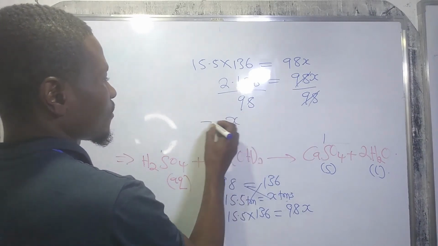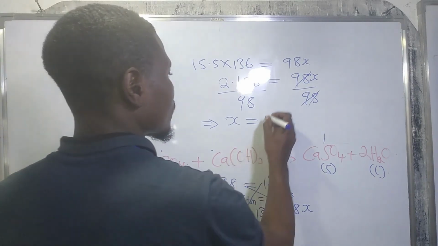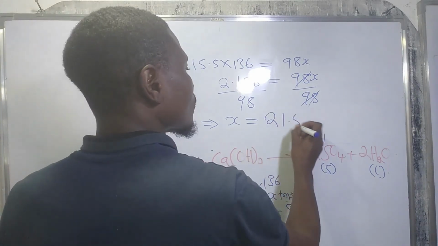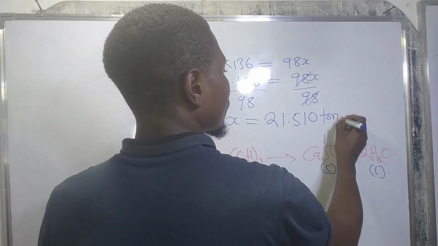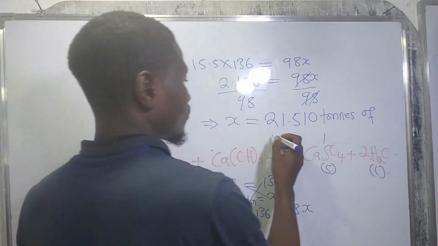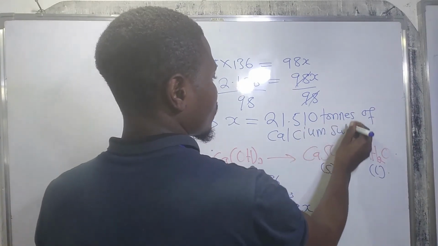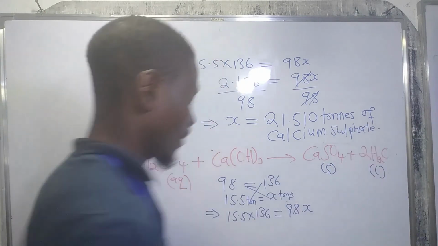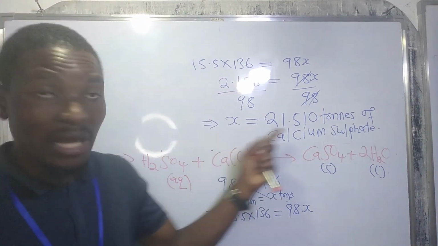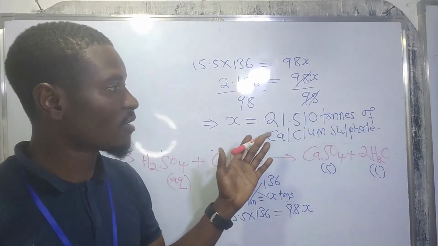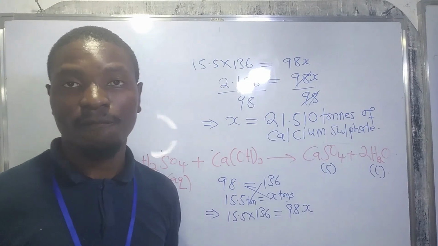So now x equals, after you divide by 98, 21.510 tons of calcium sulfate.